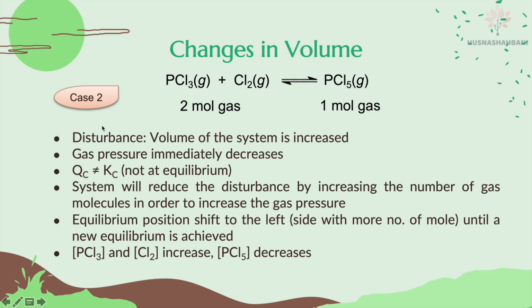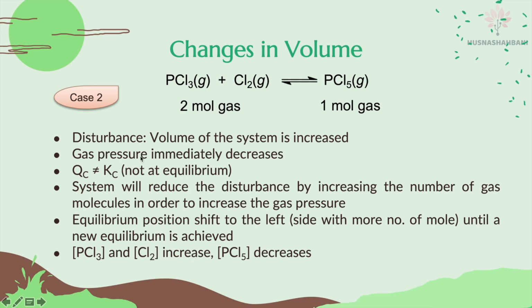Case number 2, the disturbance is that the volume of the system is increased. If you increase the volume of the system, it means less collision between the gas particles, so the gas pressure immediately decreases. The value of QC is not equal to KC, meaning it is not at equilibrium because there is a disturbance.